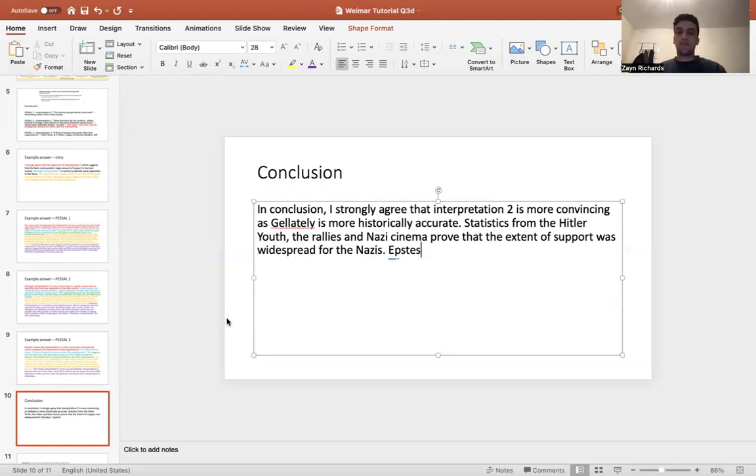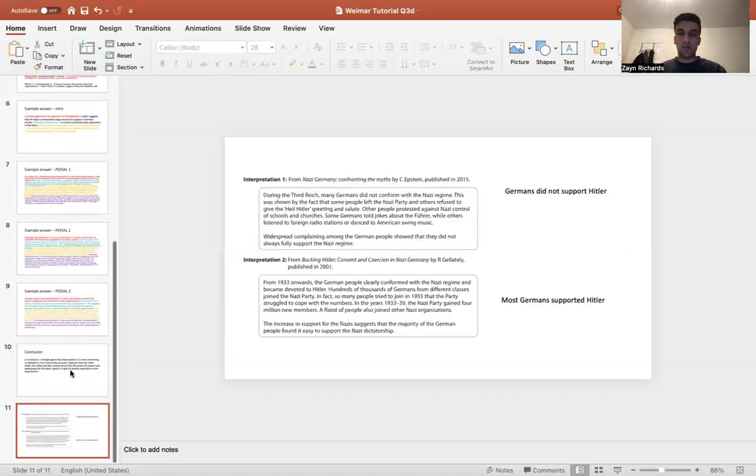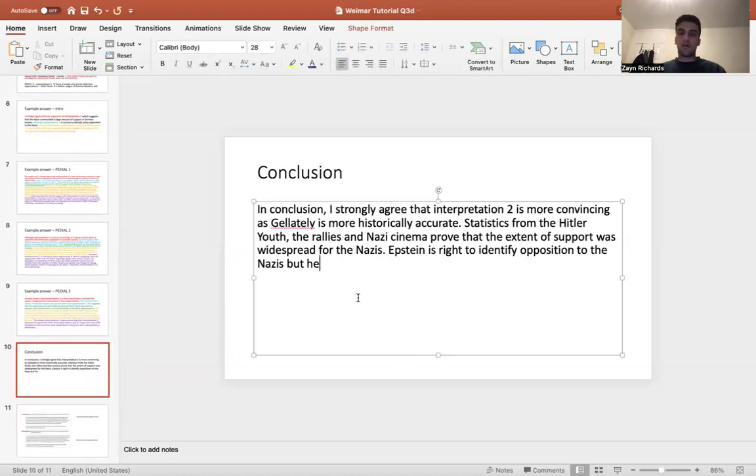Epstein is right to identify opposition to Nazis, but they exaggerate the importance of this, given how small the Edelweiss Pirates were.